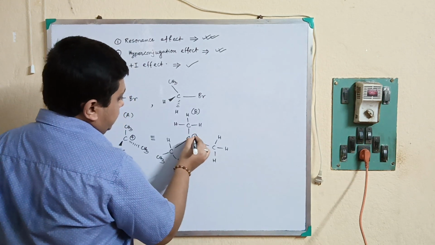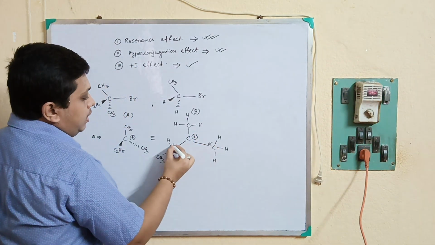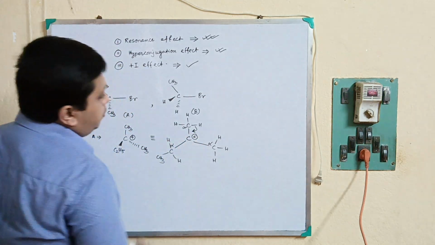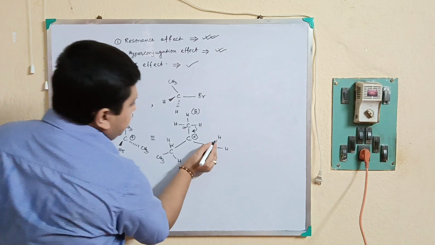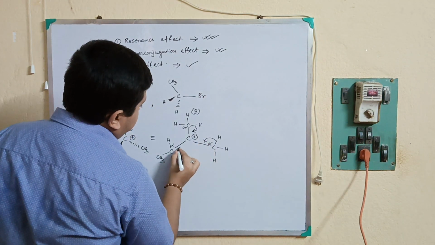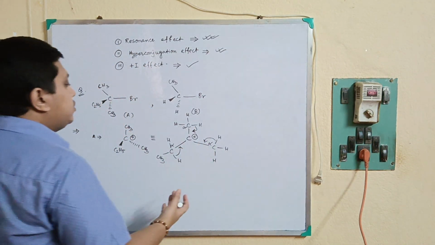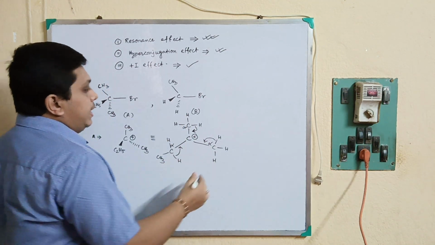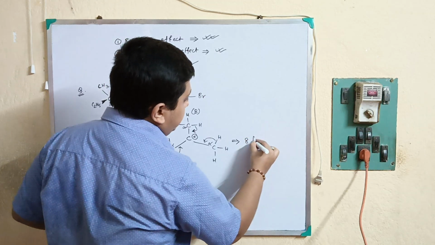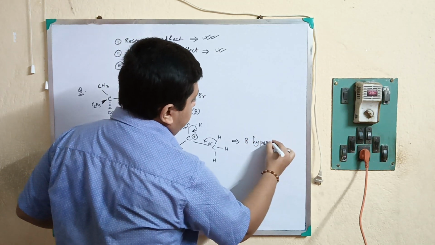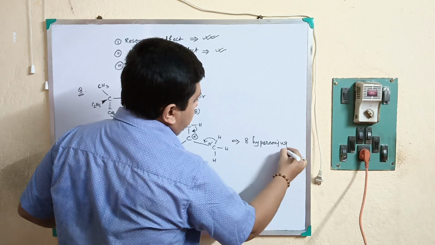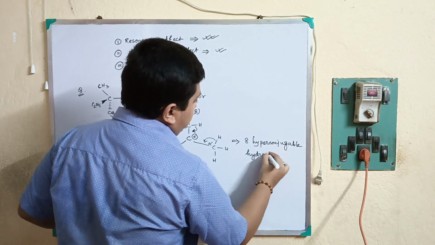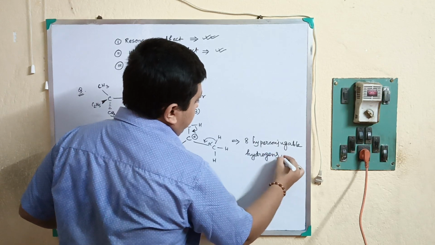This is the positive charge. We know these carbons are alpha carbons, so these hydrogens can take part in hyperconjugation. These hydrogens also. Now the hyperconjugative hydrogens are 3 plus 3 plus 2, that is 8. So here 8 hyperconjugable hydrogens are present.